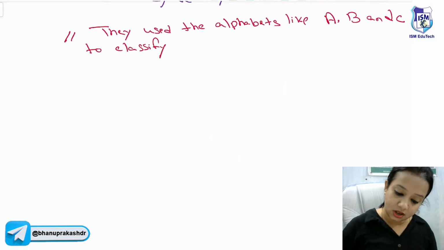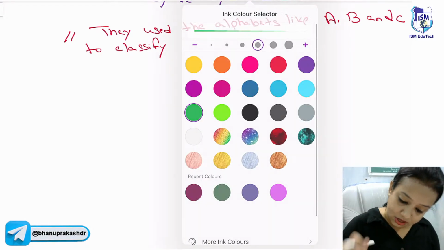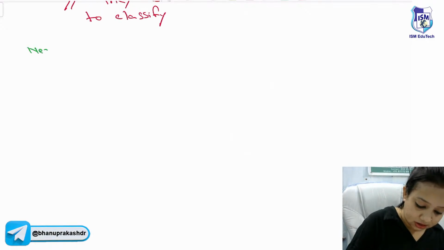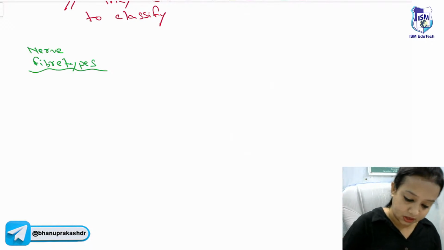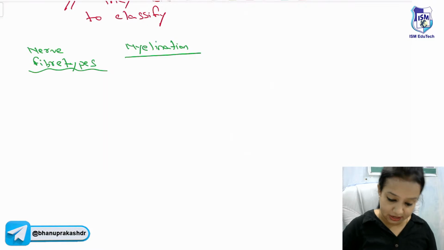Going by the classification, first we have the fiber type, whether it is A, B or C. Then the status of myelination, like how much a particular nerve fiber is myelinated.